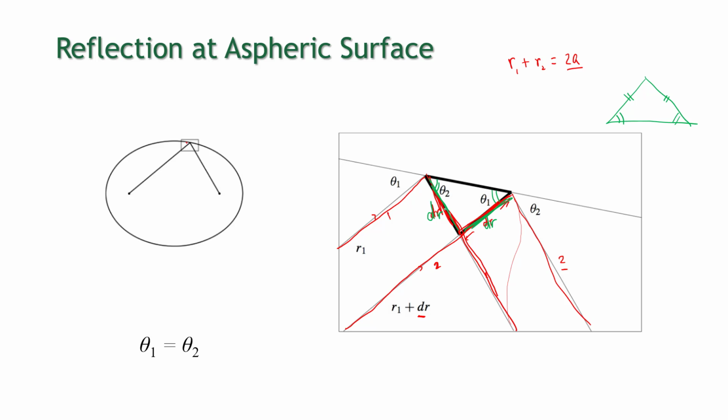It's not exactly the angle of reflection, but the glancing angle. Let's say we measure the angle with respect to the surface, then theta 1 is the angle made by the incident ray with the surface, and theta 2 is the angle made by the reflected ray with the surface.